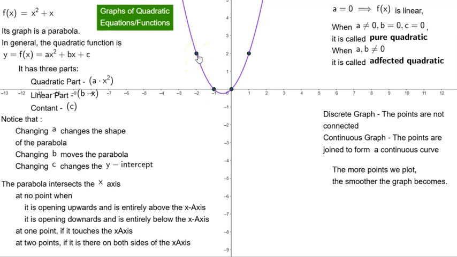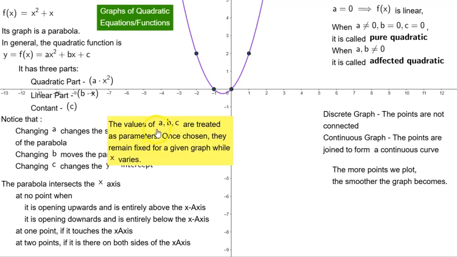So if we join it using straight lines, it will not be a proper quadratic curve. So we need to get more and more points. Now, the values of a, b, c are treated as parameters. Once chosen, they remain fixed for a given graph, while x varies.